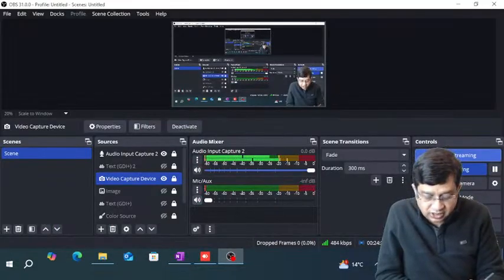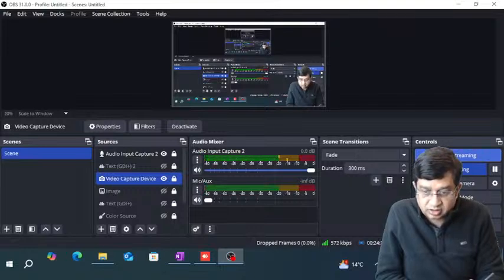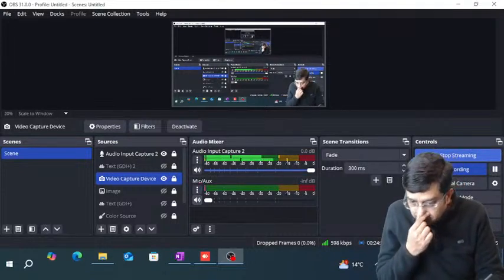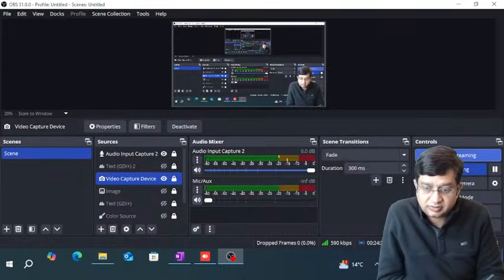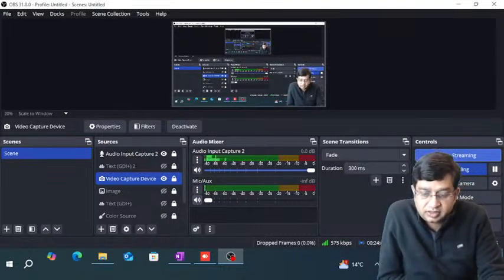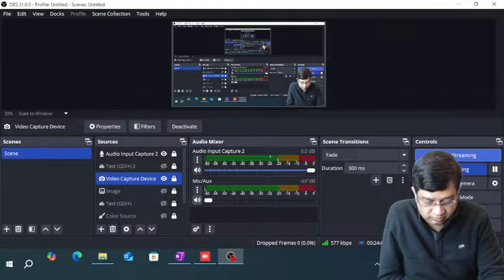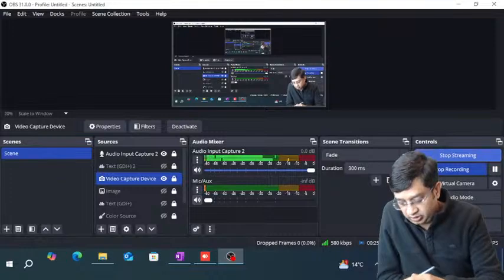Now see, volume has increased something. Now is the volume okay? क्या वॉल्यूम ओके हुआ कुछ? I hope now the volume should be okay. Okay, now it is okay. Good.